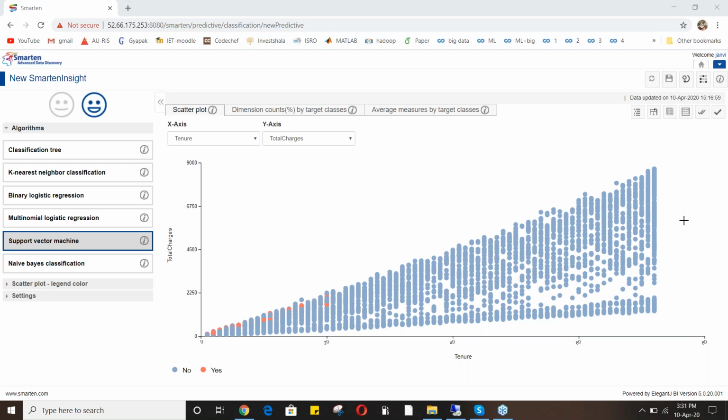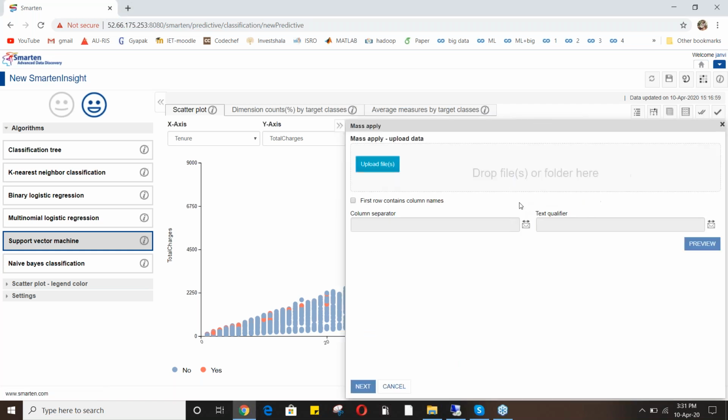So for all those customers where you don't have the decision or answer, you can feed that data here in mass apply and run this predictive algorithm model, and you'll get the answers for all of those customers.